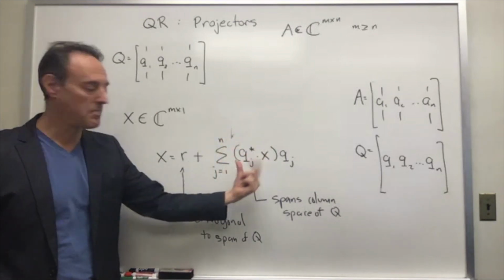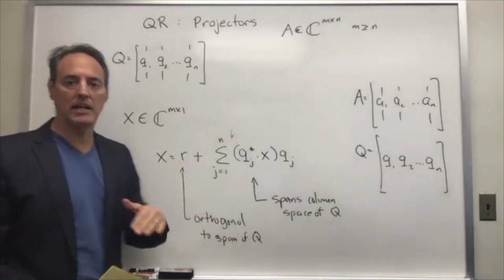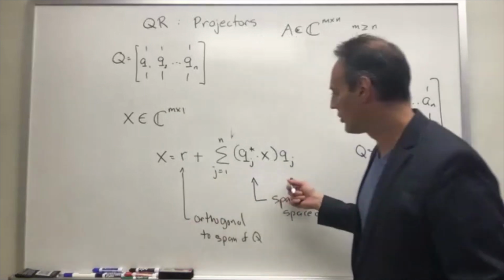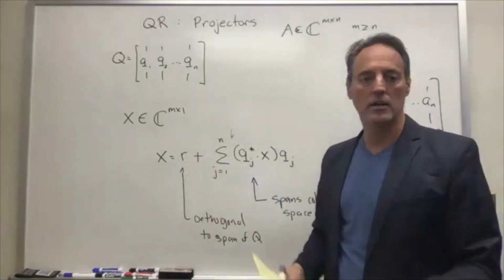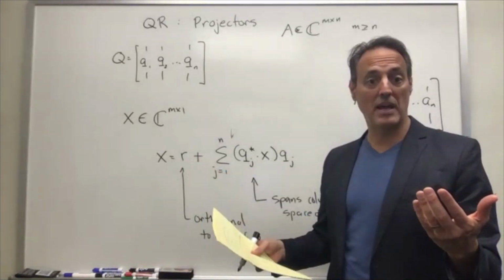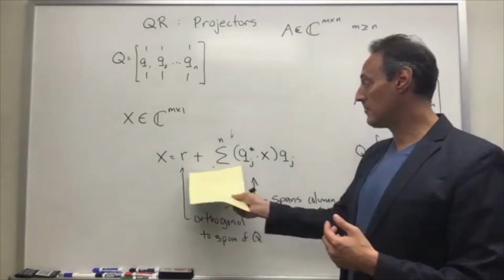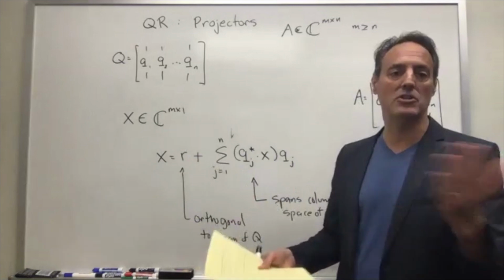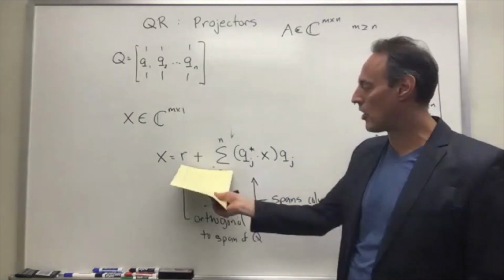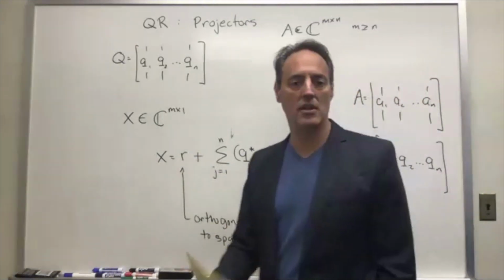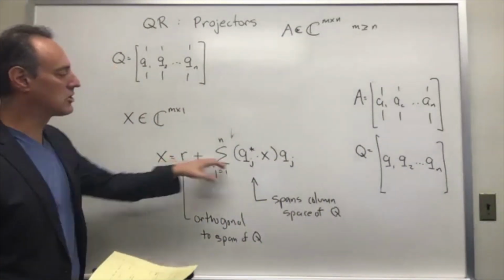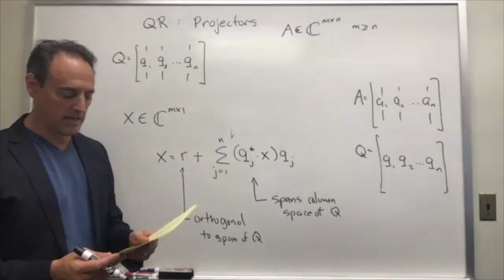So R is sitting in the space that's orthogonal to all your Q vectors, and this R spans the rest of that space, which is, if this is m-dimensional, the m minus n dimensions that you have left over. And that's what this R is: the representation of X onto the space that's not spanned by Q.